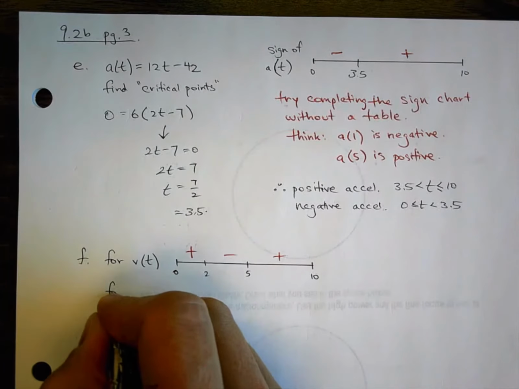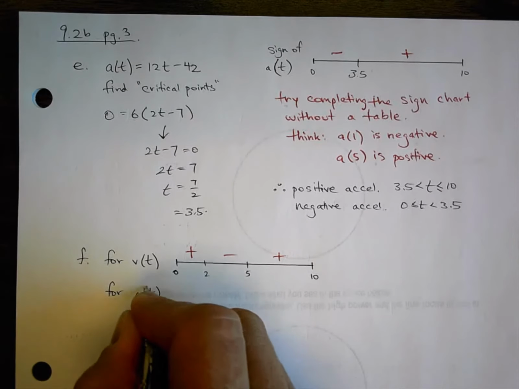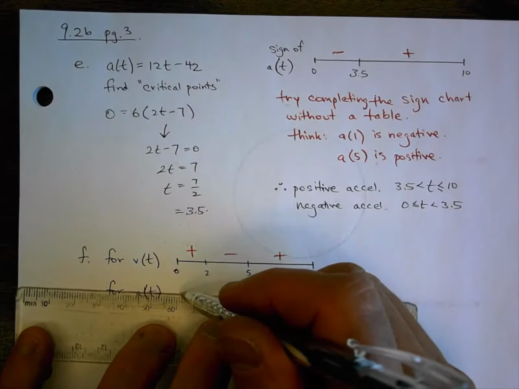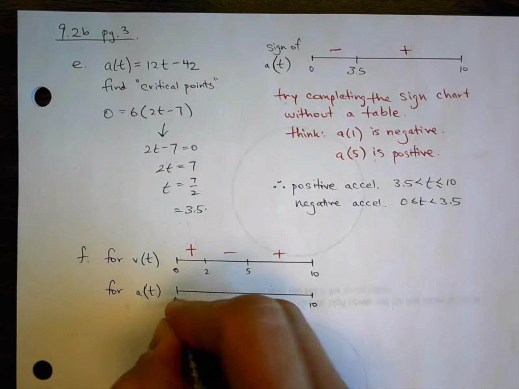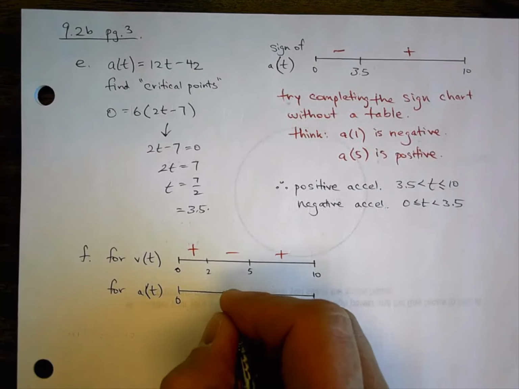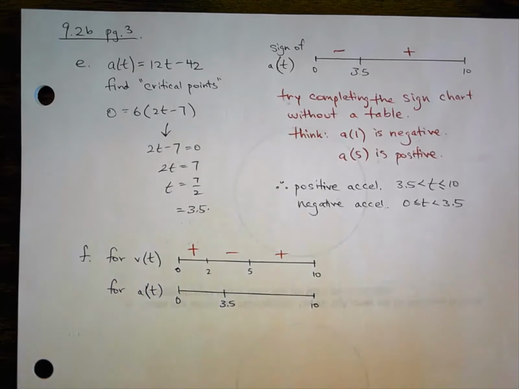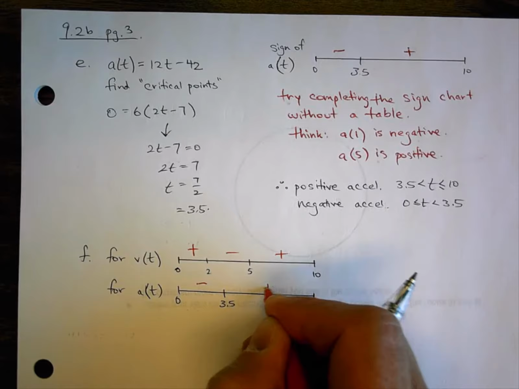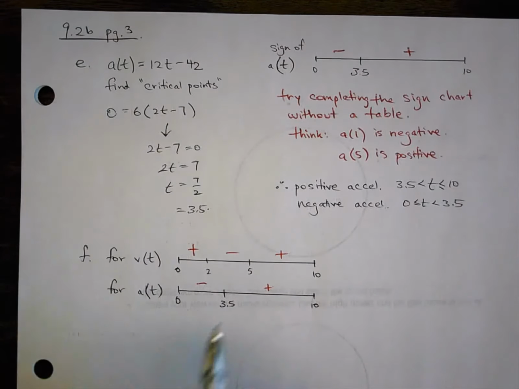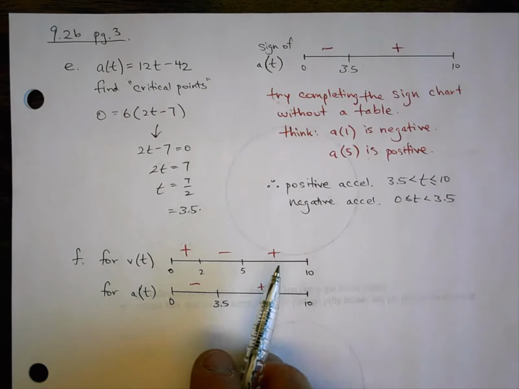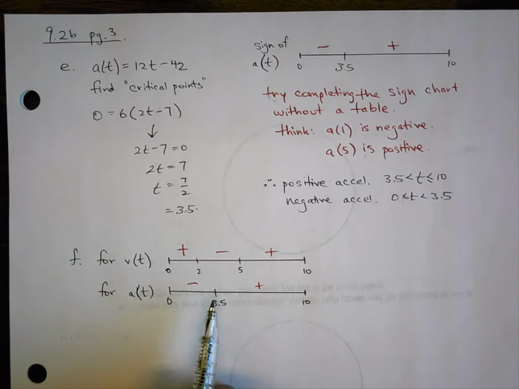And then I have A of t, which we just did. I'm going to draw this as well. So I have 0, 10, and then 3.5, somewhere here. And this was minus and plus. So now you can get a sense. Remember, if the signs are the same, it's speeding up. If the signs are different, then it's slowing down.